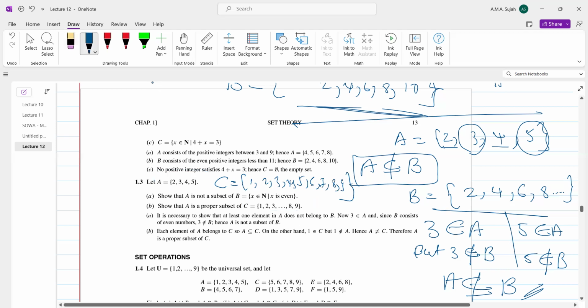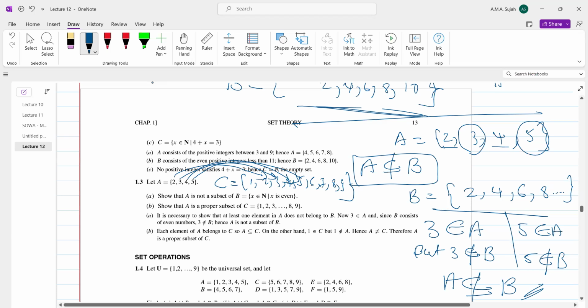Now, what you need to do, each element of A belongs to C, right?